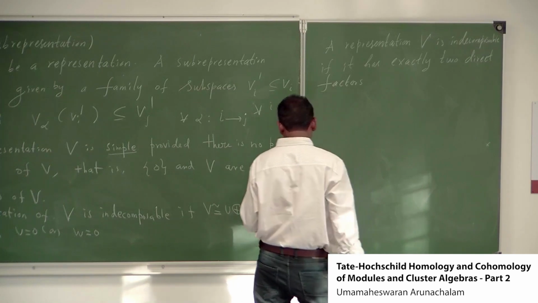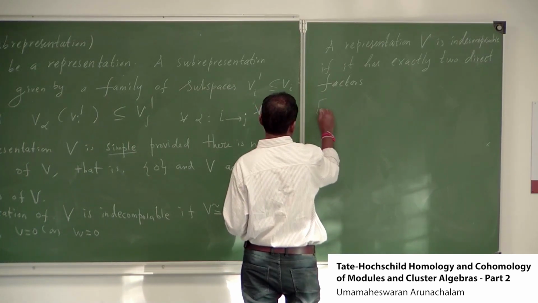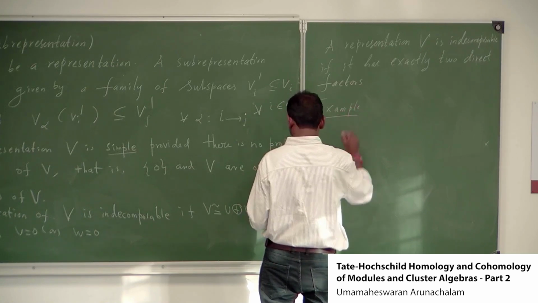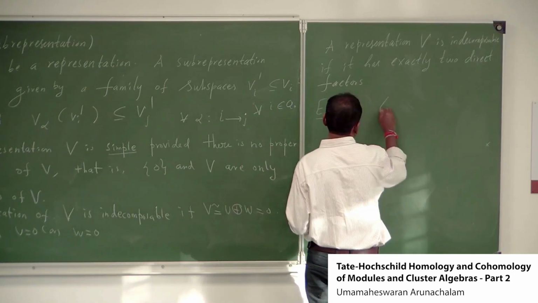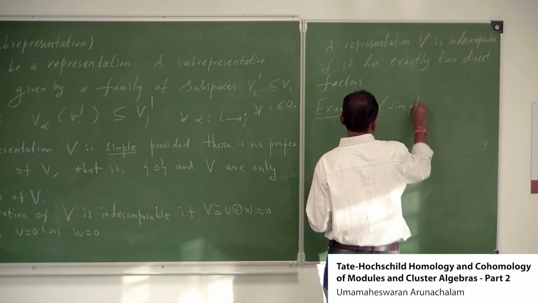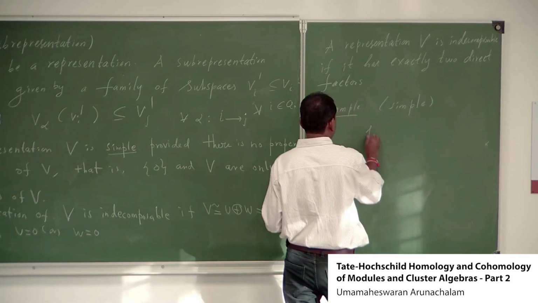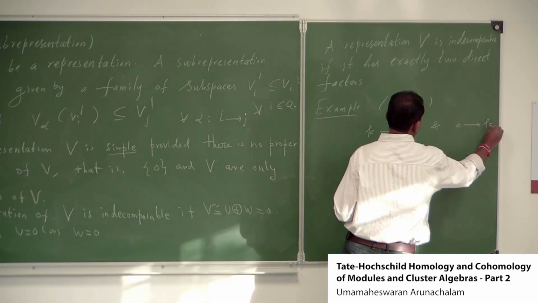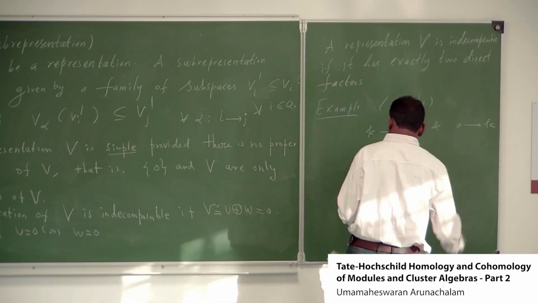So an example of simple representations: k into 0 and 0 into k are simple representations.